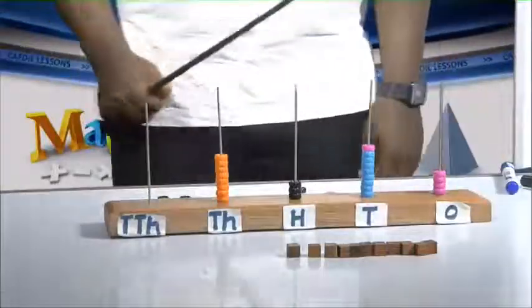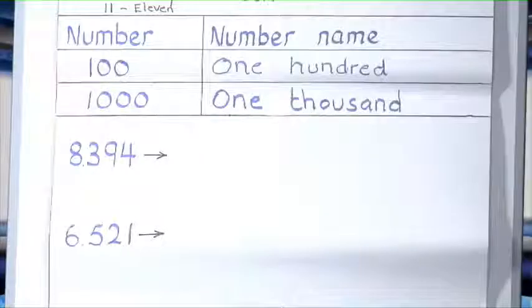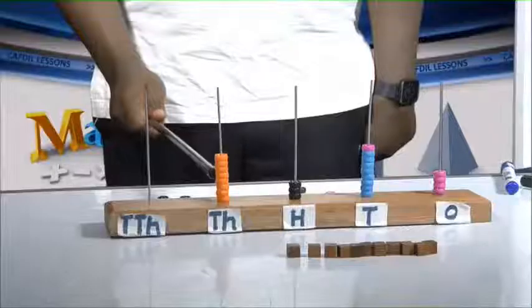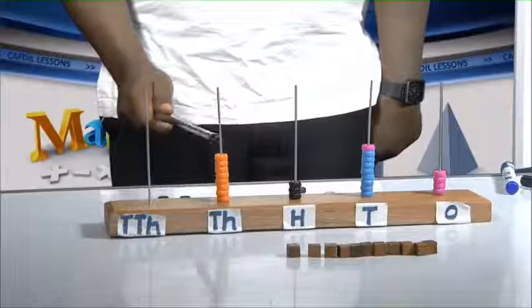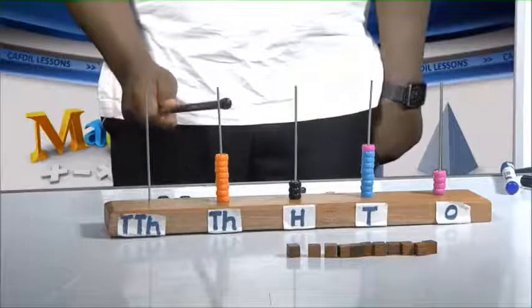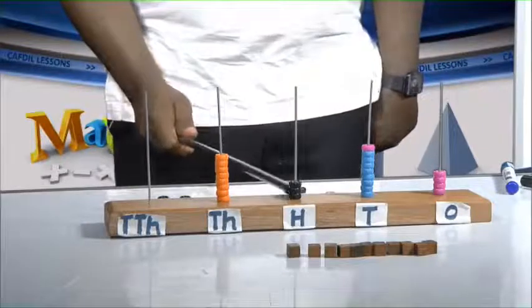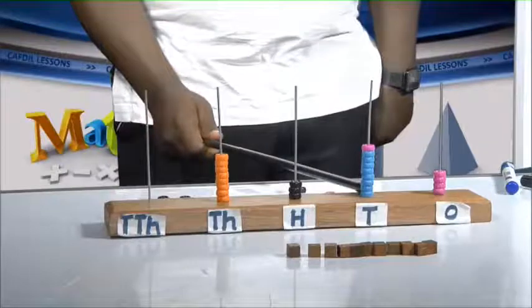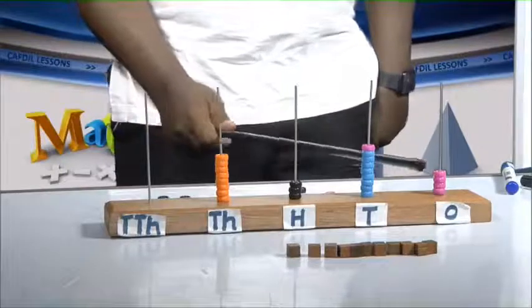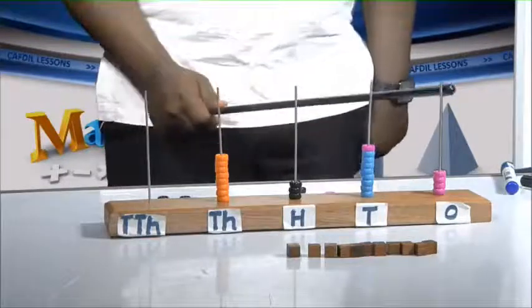So learners, now we want to read the figure on the abacus. So here, I have my 8,000, 300 here, 90 here, and then 4.